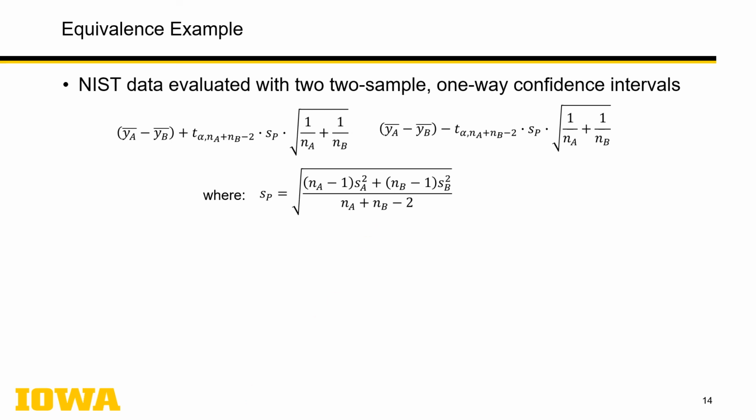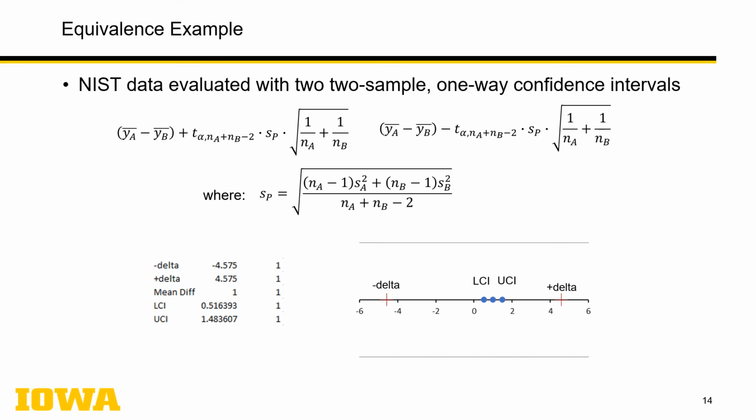So with those equations in hand, we can then solve for the situation we have here. You can see, first of all, the mean difference, y bar A minus y bar B, was exactly 1, as shown here, and then applying this confidence interval for the negative side, we ended up with 0.51, and the positive confidence interval was 1.48.